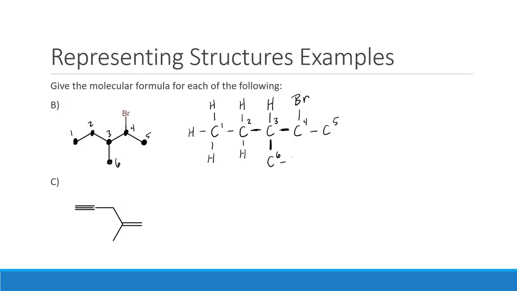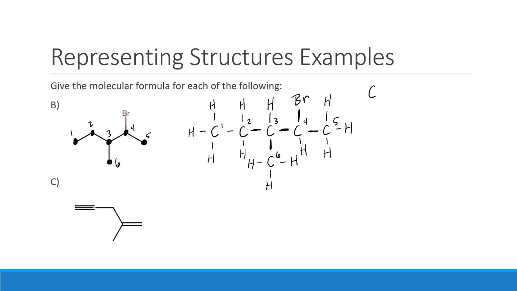Carbon number 6 only has 1 bond, so it needs 3 hydrogens. Carbon number 4 already has 3 bonds, 1, 2, and 3, so it only needs 1 hydrogen to give 4. And then carbon number 5 needs 3 on the end. Notice how any carbons on the end that are singly bonded only need 3 hydrogens.